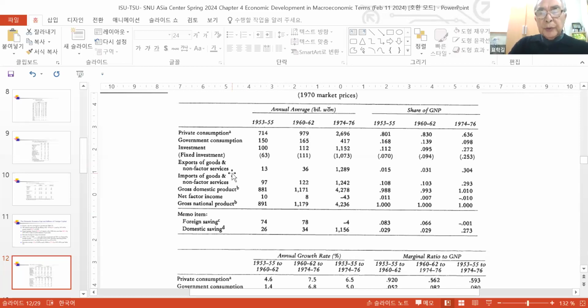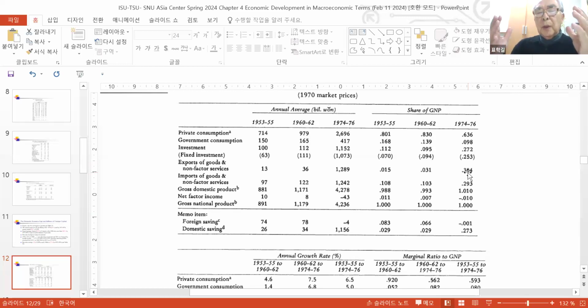exports of goods and services. By 1974, 1976, the share of GNP increased from almost 0% in 1953. By 1975, 30%. What does that mean?